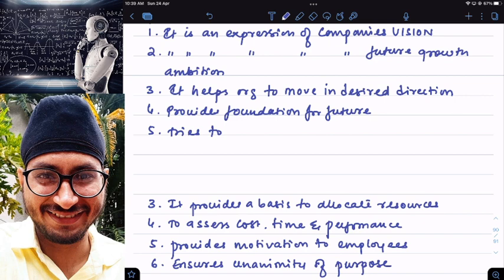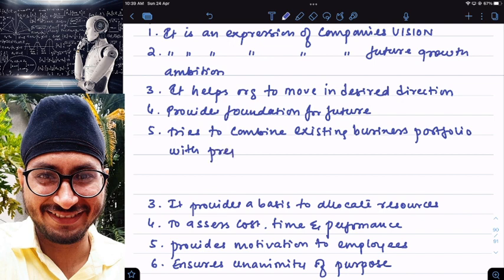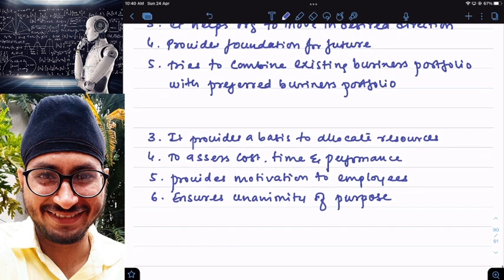It tries to combine the existing business portfolio with the preferred business portfolio. It will help me convert my existing portfolio to the preferred portfolio by helping me achieve my objectives.